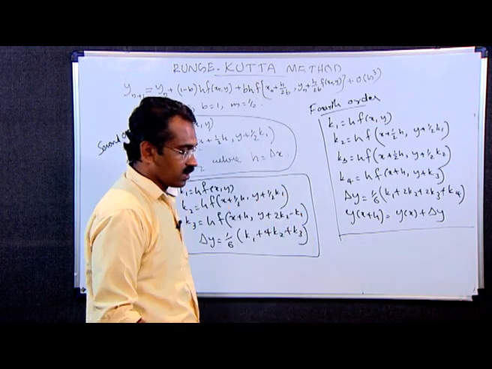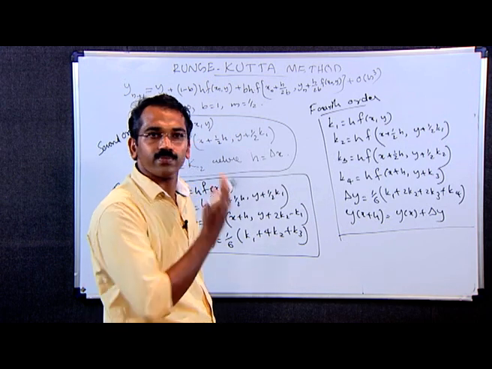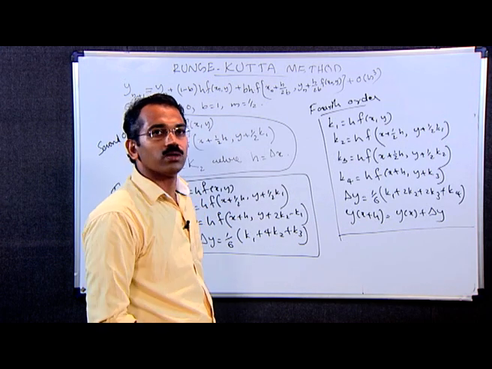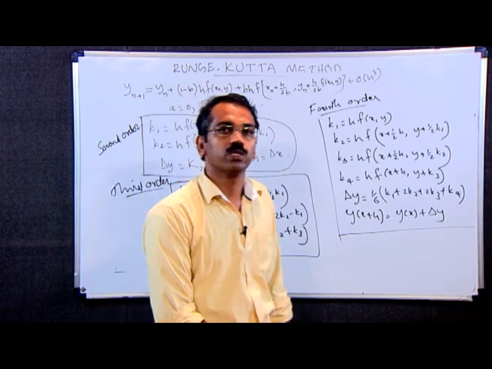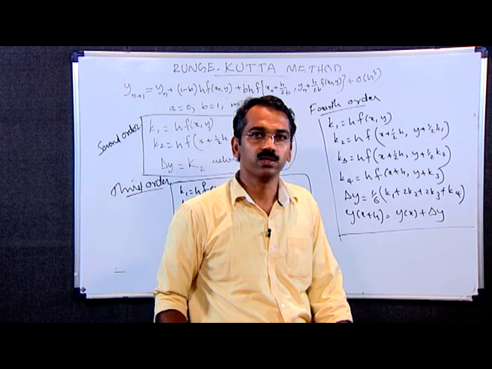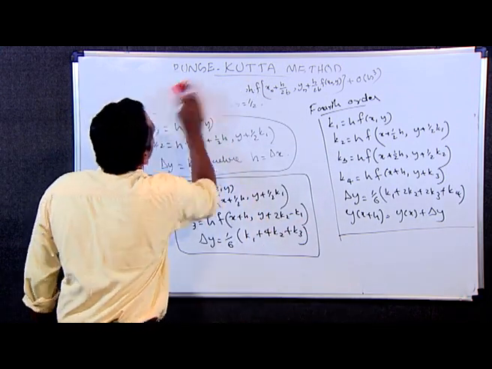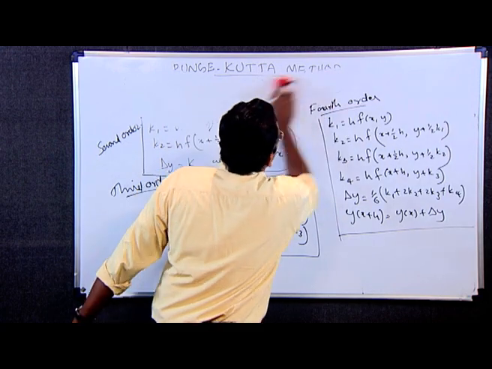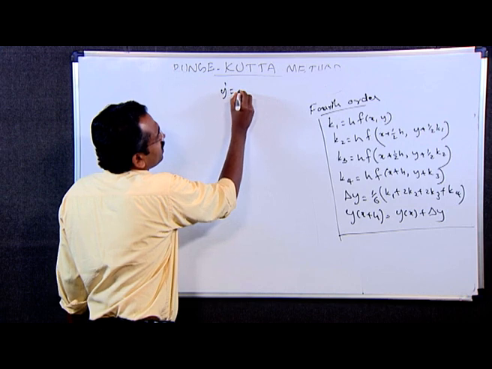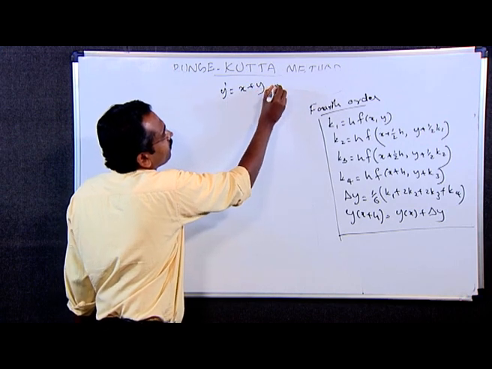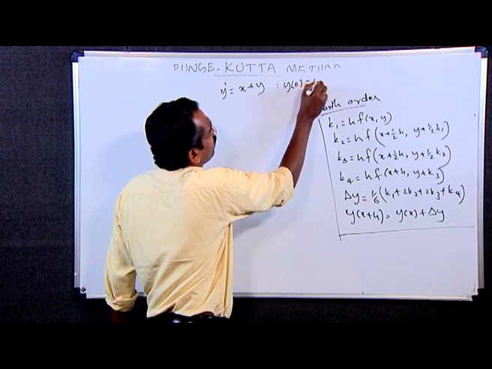Now, consider an example for the Runge-Kutta method. Solve using Runge-Kutta method to find the solution of the differential equation y dash is equal to x plus y, given that y of 0 is equal to 1.